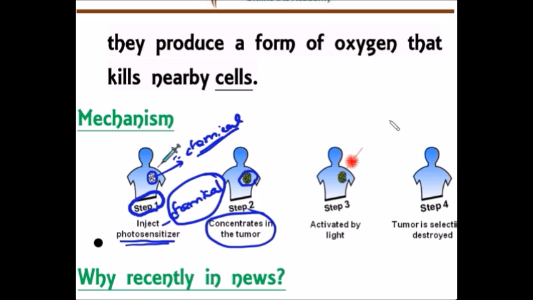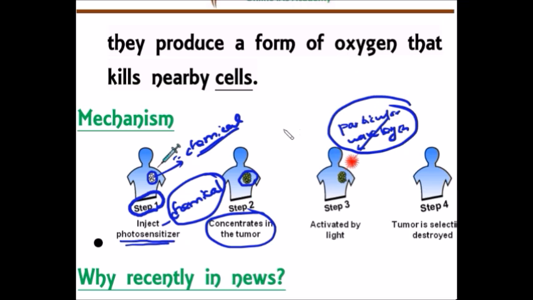Third step, scientists will shine a particular wavelength of light. They won't use general radiation. They will use a particular wavelength of light, because every chemical will absorb some wavelength strongly. So by using the particular chemical and particular wavelength, the light activates the chemical and the chemical gets heated.